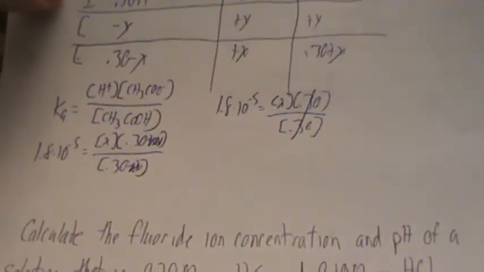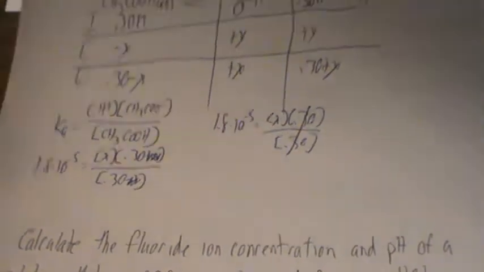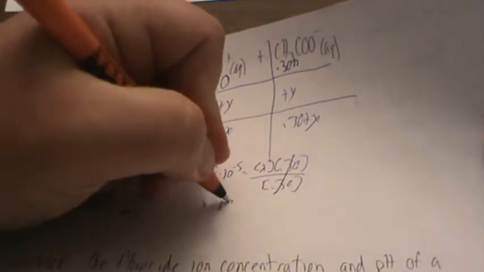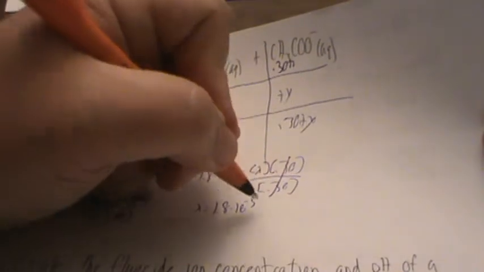We can also cancel out those 0.3s because 0.3 over 0.3 is 1. So X is equal to 1.8 times 10 to the negative fifth.